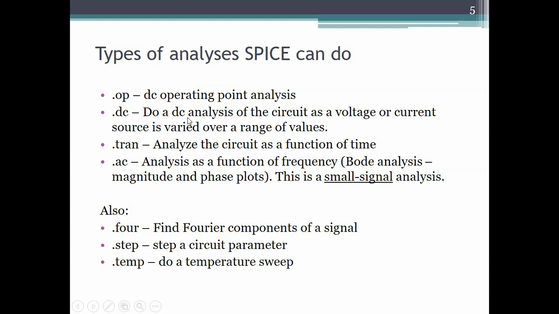With .dc, you can vary the value of a current or a voltage source in the circuit. .step allows you to vary any parameter, so you can vary the resistance value or capacitance value, and simulate for a range of values of circuit parameters. .temp does a temperature sweep, so you can vary the temperature over a range.